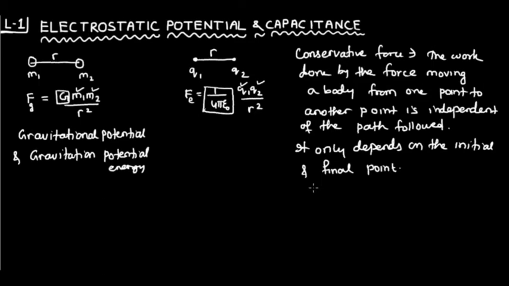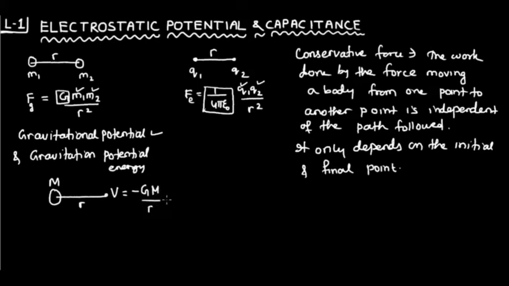It means electric field or electric force is also a conservative force, and potential is the property of every conservative force or every conservative field. So we had discussed what is the meaning of gravitational potential, and we know that if we have a mass M, then at a distance r from it, the gravitational potential V is given by minus G capital M by r.